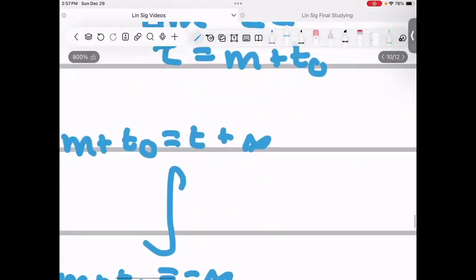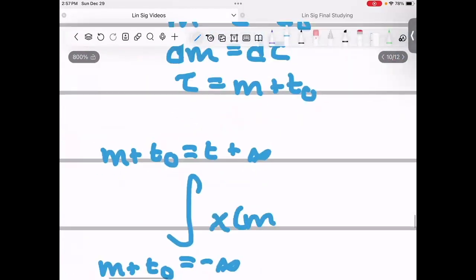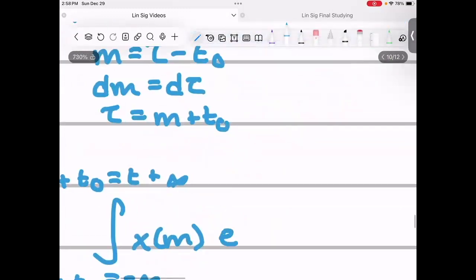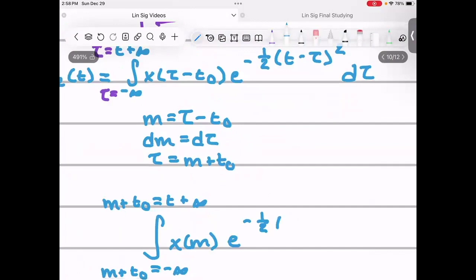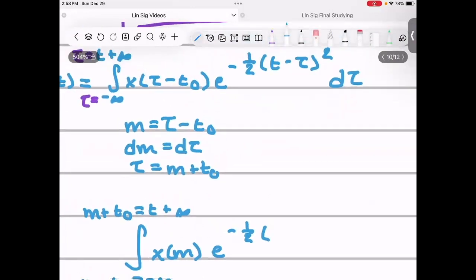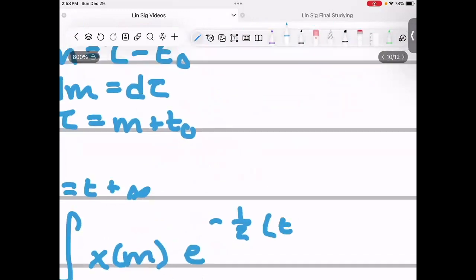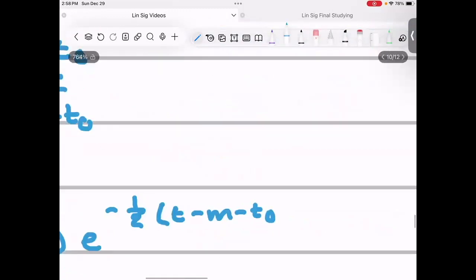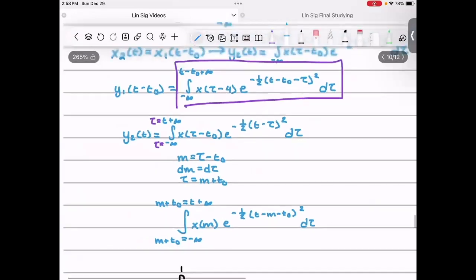And we're going to have our x of m here, e to the negative 1/2. We have a t minus tau, so we're going to get t minus, and then this part, minus m minus t naught, because I put parentheses around the tau, and that's going to get squared with respect to tau.